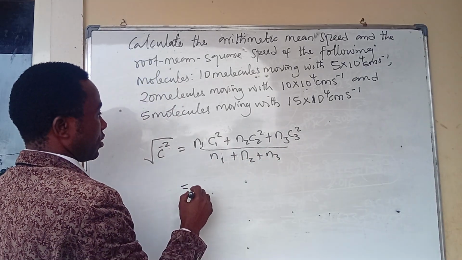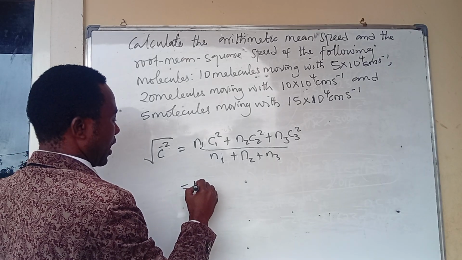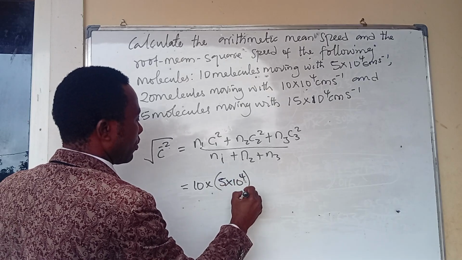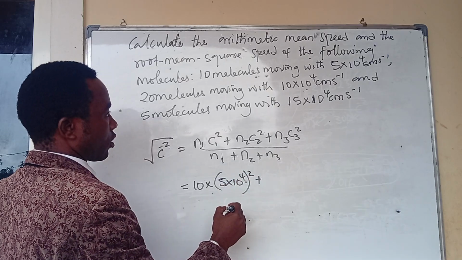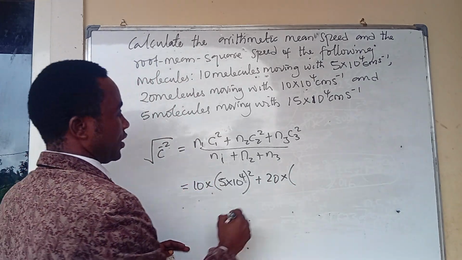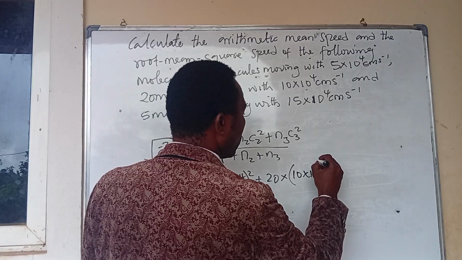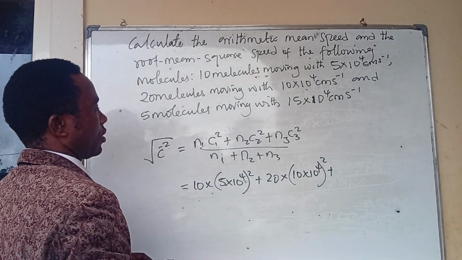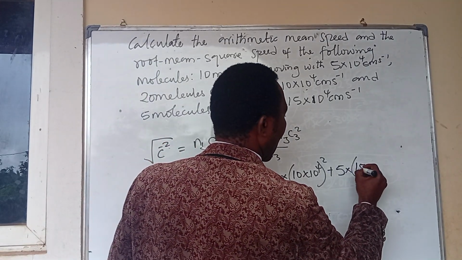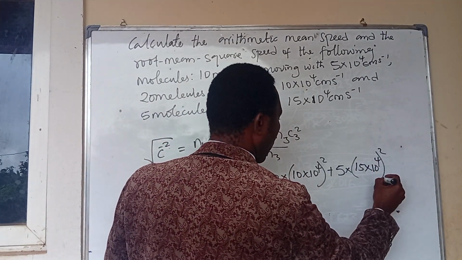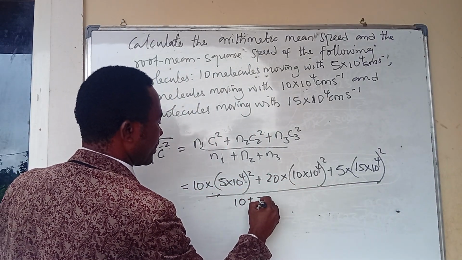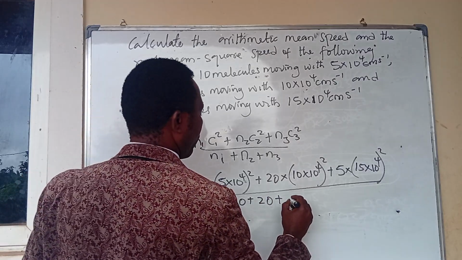So that will be 10 times the speed, which is 5 times 10 raised to the power 4, but you need to square it, plus the next, 20 times the speed square, the speed being 10 times 10 raised to the power 4, all squared. Then plus the next, 5 multiplied by the square of the speed, which is 15 times 10 raised to the power 4, all squared. Then everything divided by 10 plus 20 plus 5.